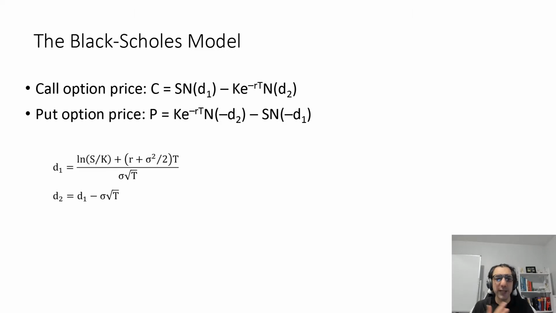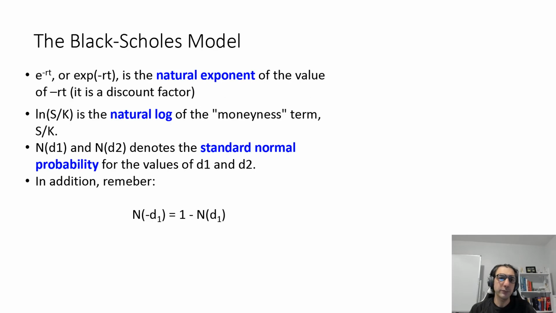You know S, you know K, you know sigma and R and T. Simply you can find d1. Now, when you find d1, based on that you can calculate d2, which is simply d1 minus sigma times the square root of T. I'm going to talk more about d1 and d2 and the Black-Scholes formula in the following part.